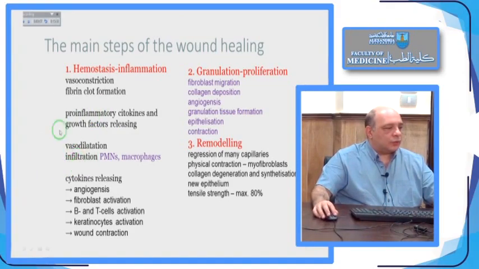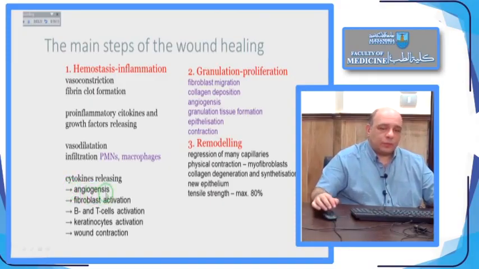After the first vasoconstriction and fibrin clot formation, it begins to form vasodilatation, and we know why. Cytokine release, angiogenesis, fibroblast activation, B and T cell activation, keratinocyte activation, and wound contraction begin to enter the second stage.